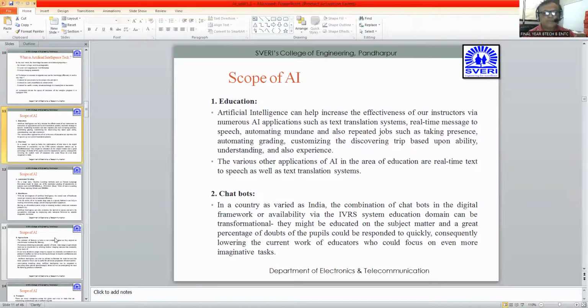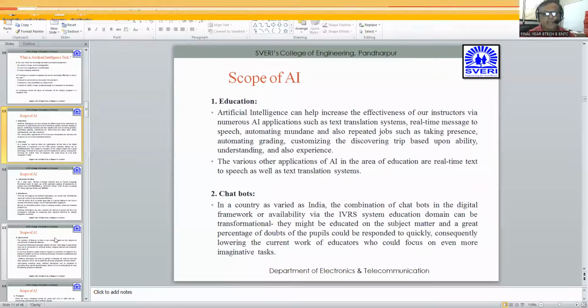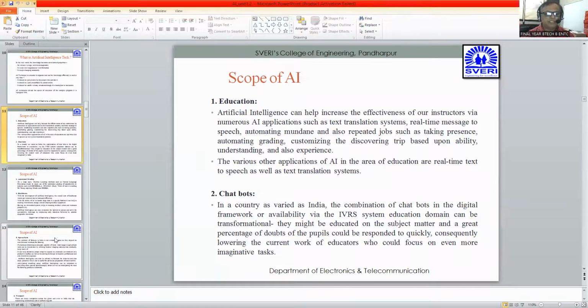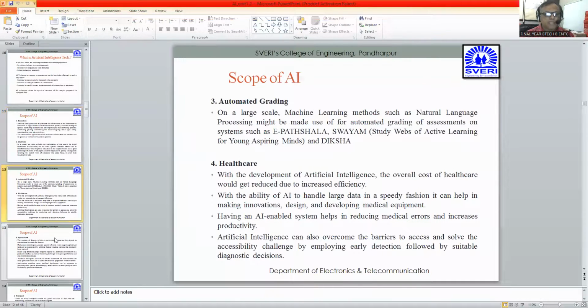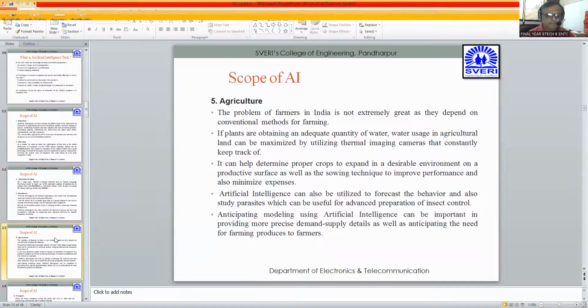Scope of AI. We have seen where the scopes of AI are as far as working is concerned. We have seen education systems, chatbot systems, automatic grading, healthcare, and agriculture.